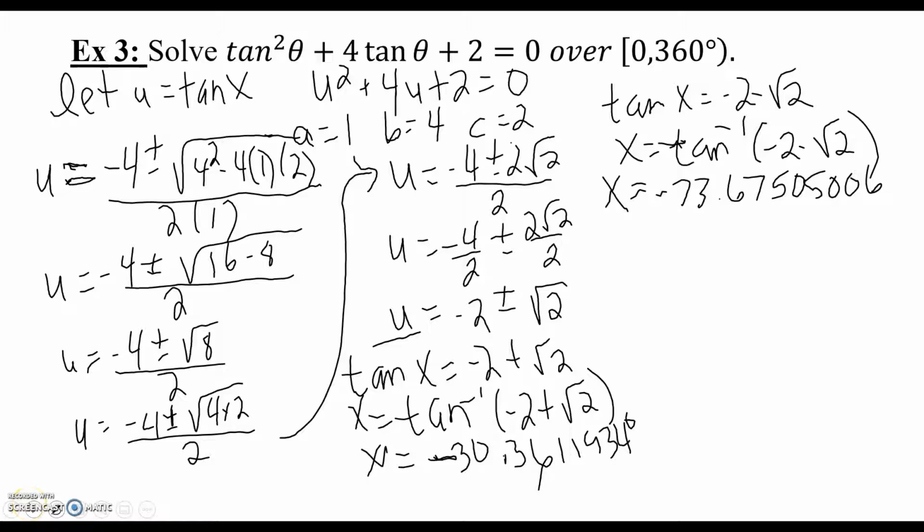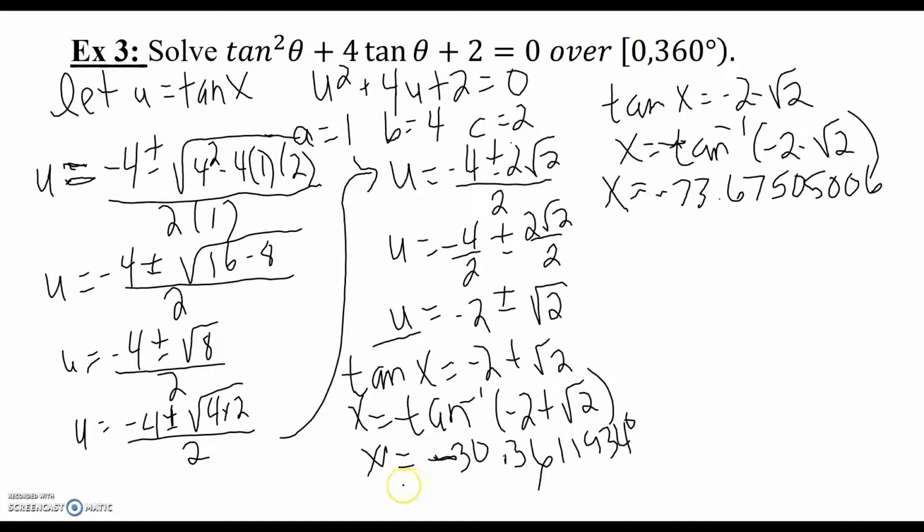Okay, so now we have these angles, and so now we have to consider what other angles will give us this tangent, and which ones are in this interval, 0 to 360. So first of all, this angle here, negative 30 degrees, is not within that interval, 0 to 360.